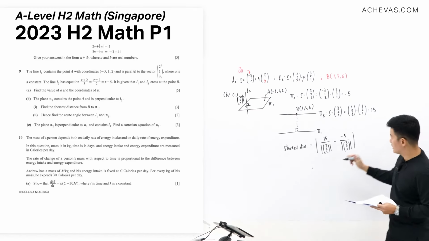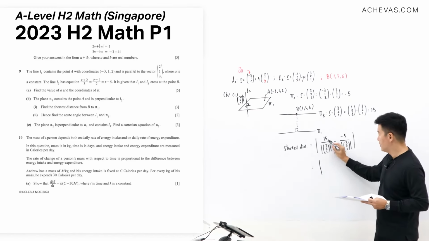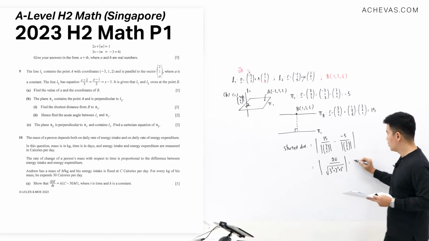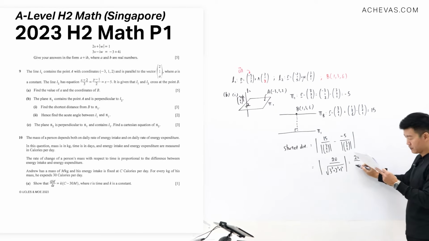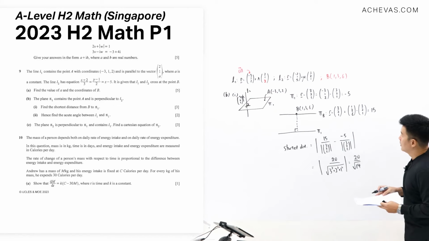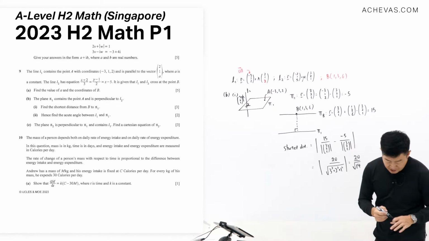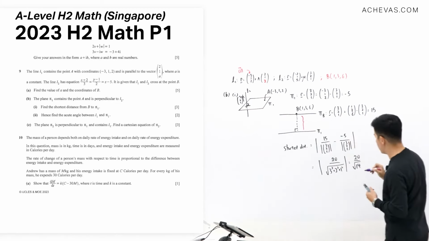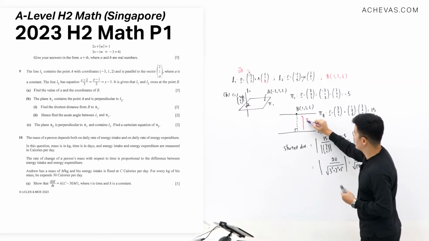So it is equal to the modulus of 20 over the square root of 3 squared plus 2 squared plus 1 squared. So we have 20 over square root of 14. Now this is the shortest possible distance. Let me indicate it on the diagram here. This is the shortest possible distance from B to pi 1, 20 over square root of 14.